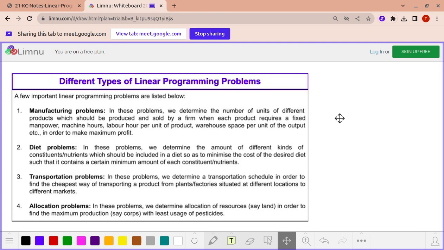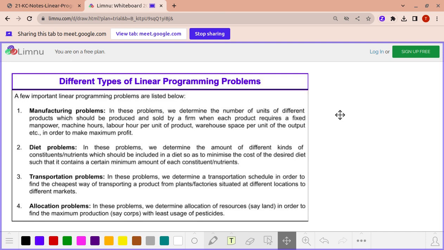And also one thing you will notice is that in your board examination the problem will come from around this area. Either it could be a manufacturing problem, or a diet problem, or a transportation problem, or an allocation problem.